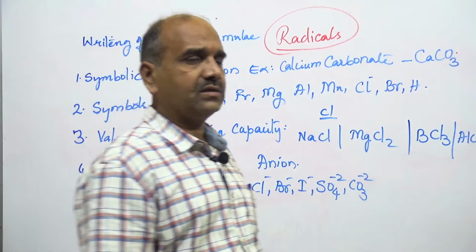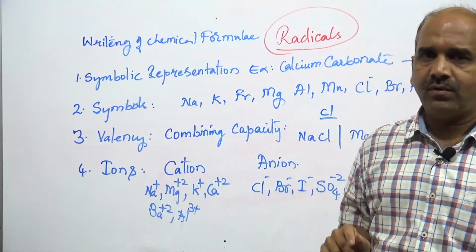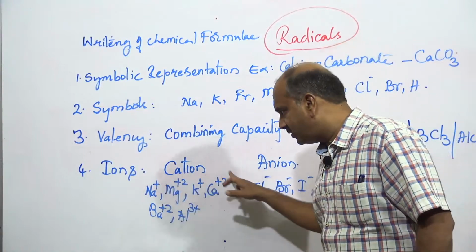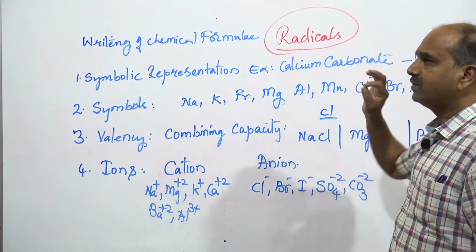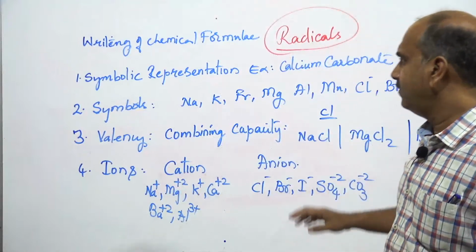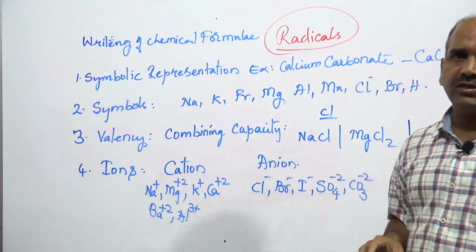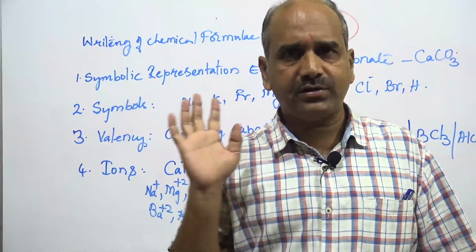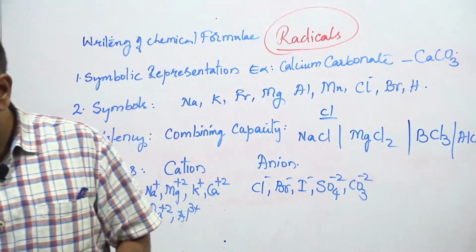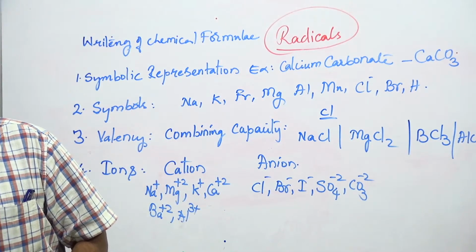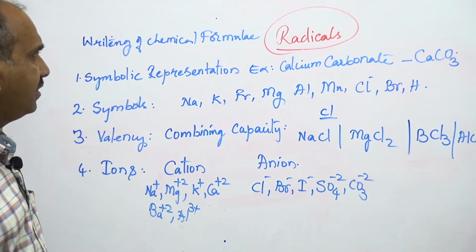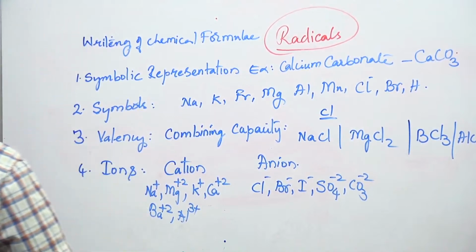Radicals are ions or groups of atoms with some electrical charge, which may be positive or negative. So that's a radical. After knowing radicals, the next thing we have to move on to is the rules for writing chemical formulae. Let us go to that.